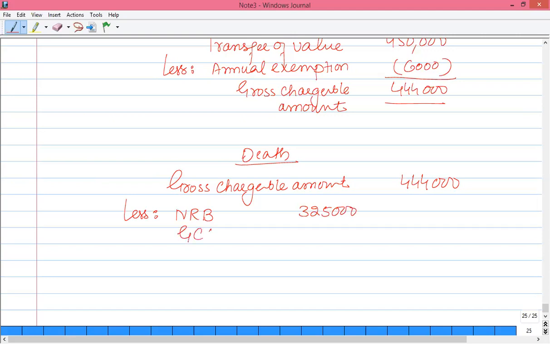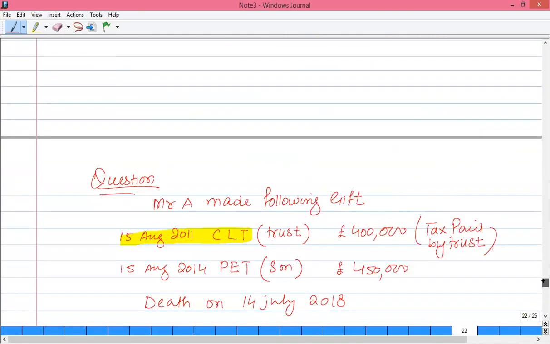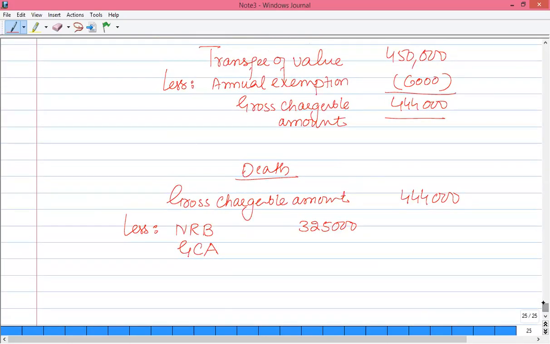The look-back 7 years rule says to check whether there is any previous gift within the 7-year accumulation period. There is a CLT, and the CLT chargeable amount is 3,94,000, which is greater than the NRB. So the NRB is used up and the whole value is taxable, 4,44,000.